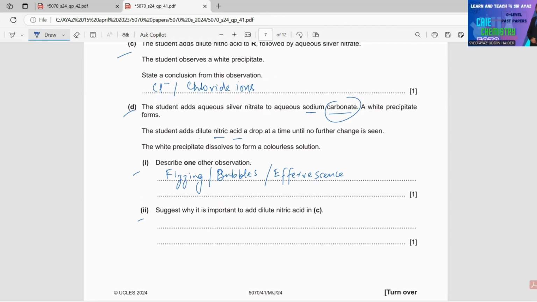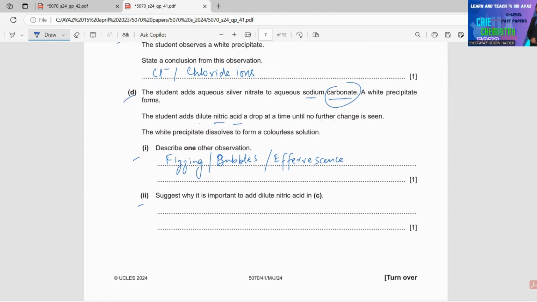That's why we are adding this nitric acid. Otherwise, it will mask the original color of the ion present in the solution.